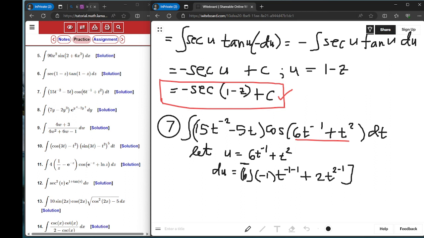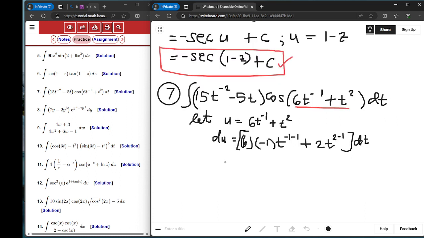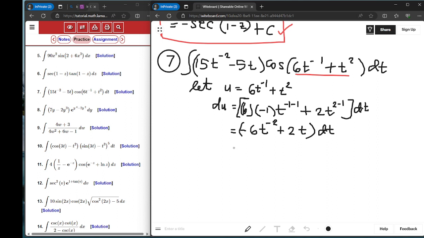We should not forget to write dt, the derivative of t. Simplifying, this is negative 6t to the negative 2 plus 2t multiplied by dt. Okay, and this is our du.